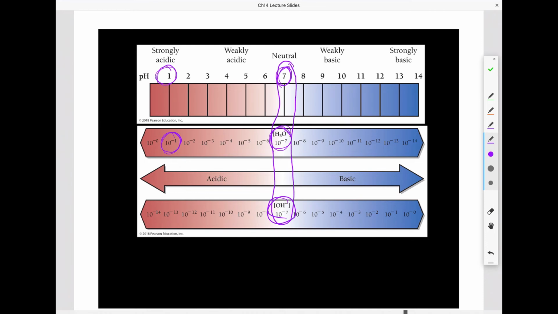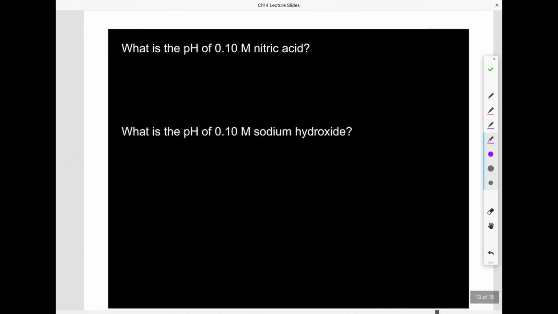Because if we think about that, negative log base 10 of 10 to the negative 1 is what? Right, 1. Okay, which means that this must be 10 to the negative 13th because, again, the product of those must be 10 to the negative 14th. Yes? Makes sense? All right, look at this a little bit longer if it doesn't make sense.